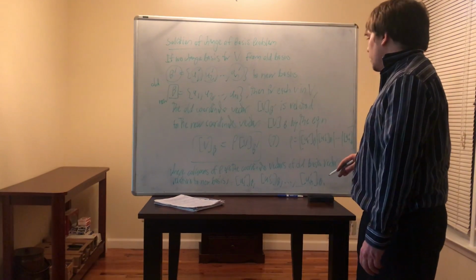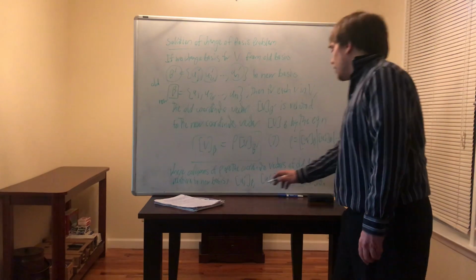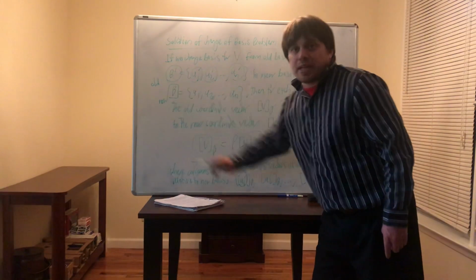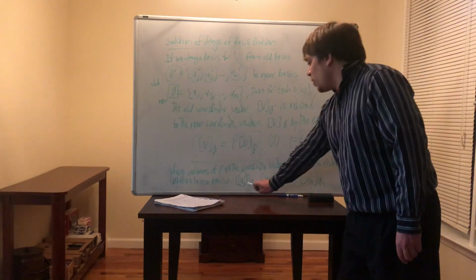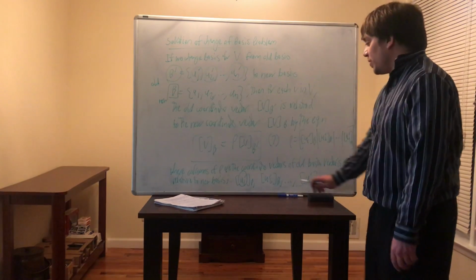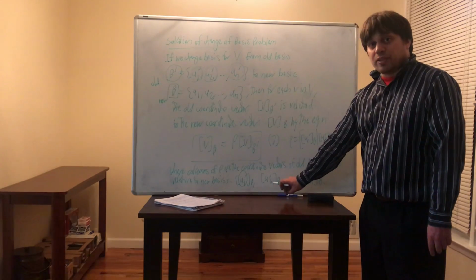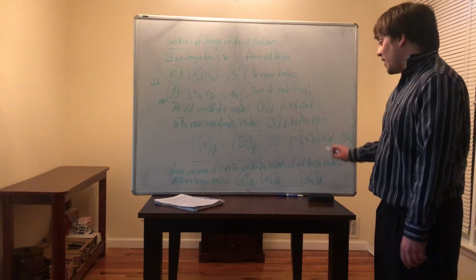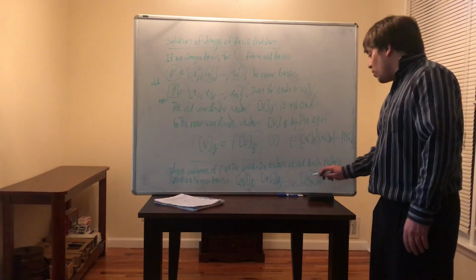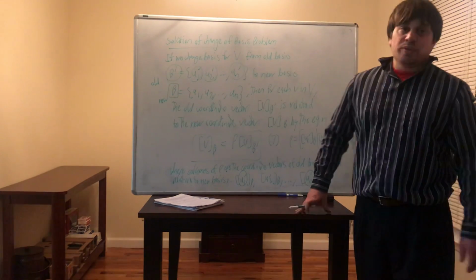And so we're taking the coordinate vectors of each old basis vector relative to the new basis B. The coordinates of the old vector u1 prime relative to the new basis B, that's the first column. The coordinates of the old basis vector u2 prime relative to the new basis B, that's the second column. Up to the last column, which is the coordinates of the last old basis vector relative to the new basis.